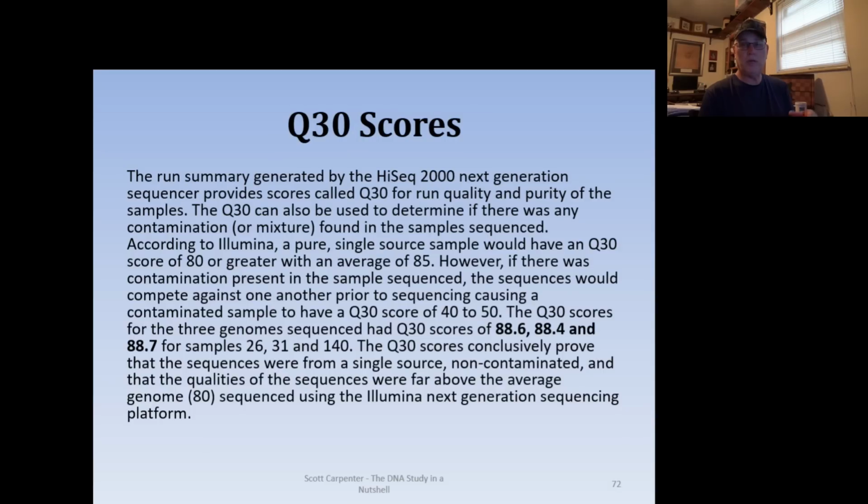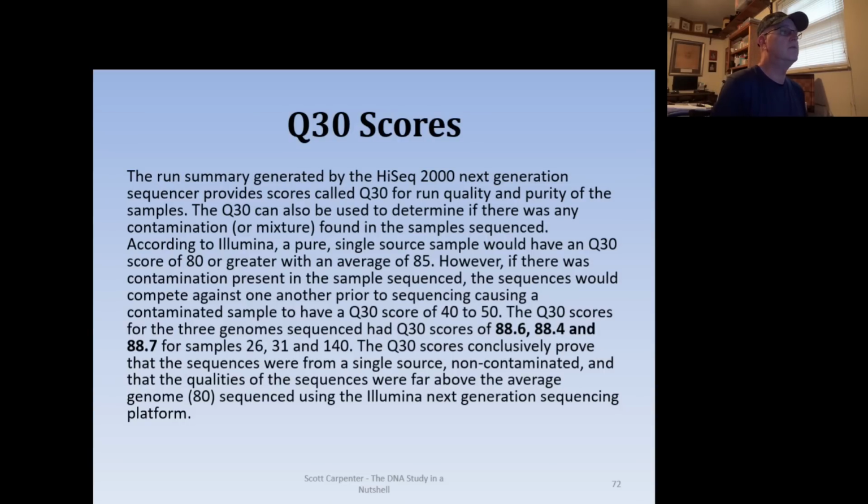In other words, if it's pure DNA, not contaminated, not mixed with someone else's DNA, but from a single source, then it's going to have a score of 80 or greater with an average of 85.